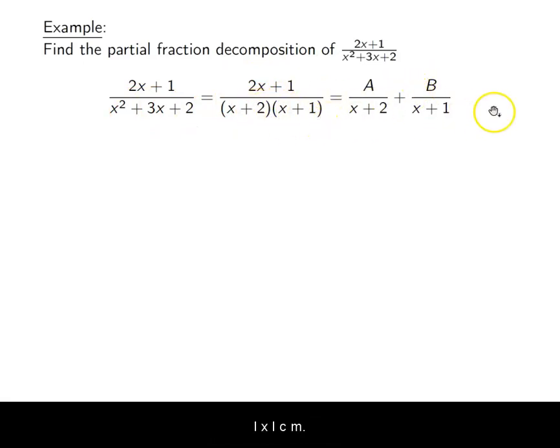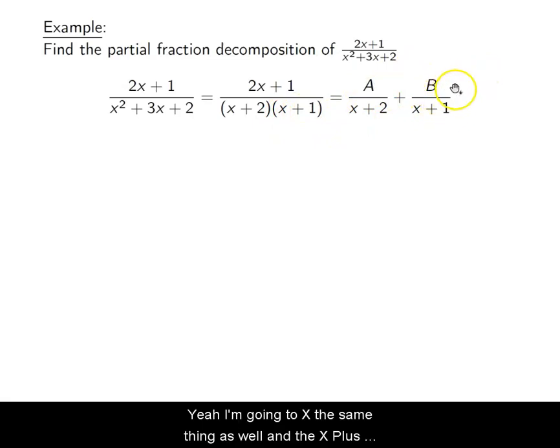I multiply by the LCM, or this factored form here, it's already the LCM actually. So I'm going to multiply the numerator by x plus 2 times x plus 1, which will cancel these. I'm going to multiply this times x plus 2 times x plus 1, and the x plus 2's are going to cancel, and I'll be left with x plus 1 times a.